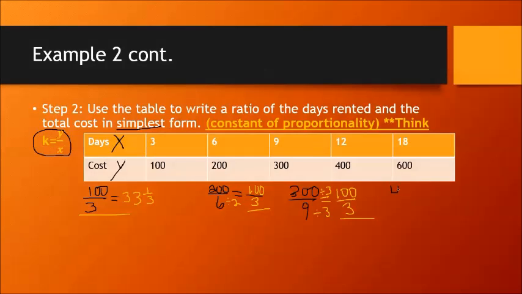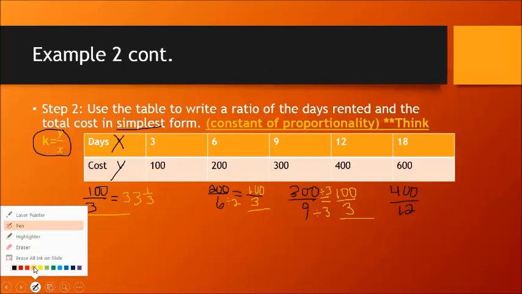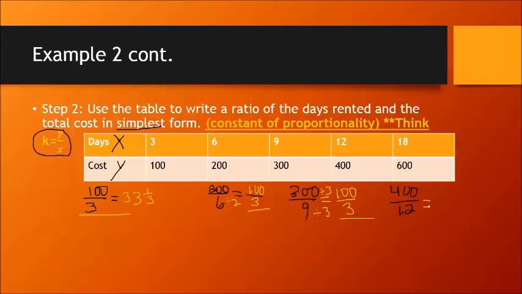So you have 400 over 12. Our constant of proportionality is divide by 4 on the top and bottom, and you get 100 over 3. And then the last one, 600 over 18.